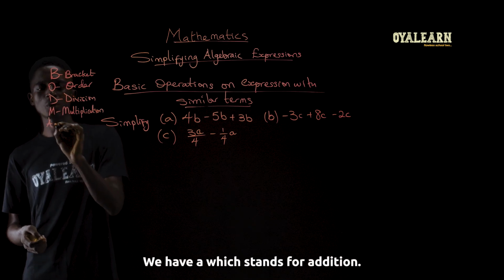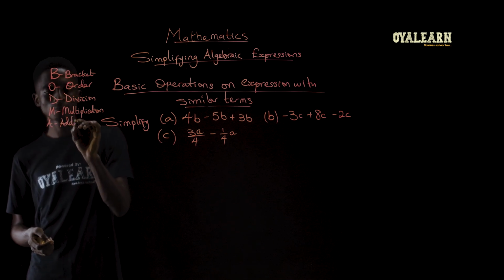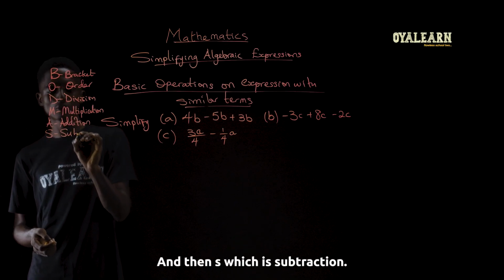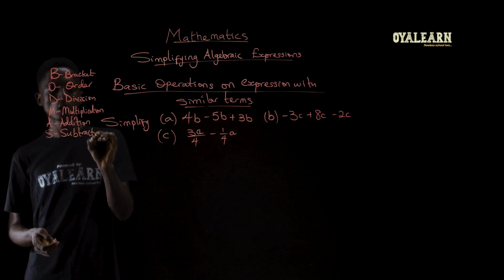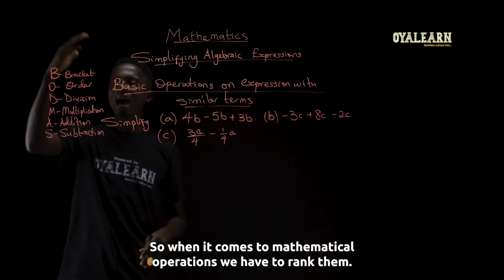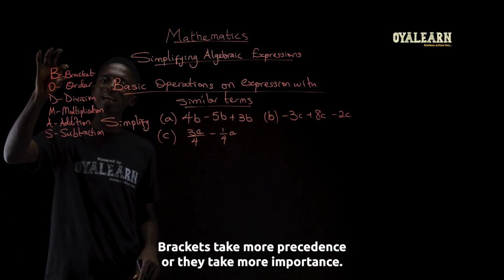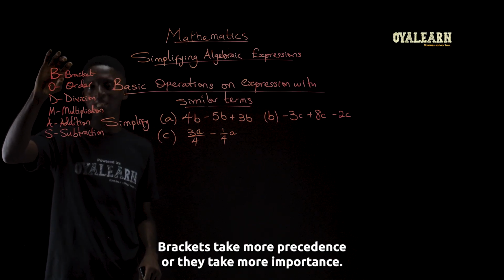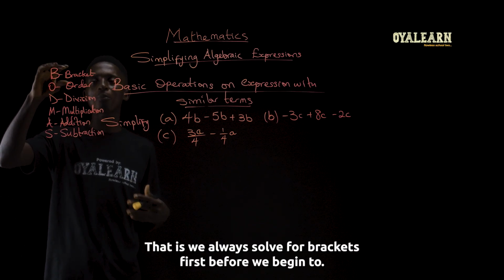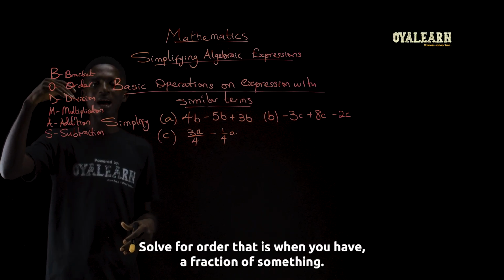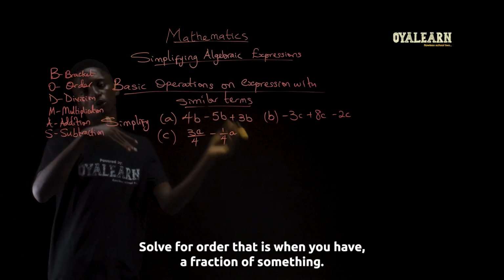We have A, which stands for addition. And then S, which is subtraction. So when it comes to mathematical operations, we have to rank them. Brackets take more precedence, or they take more importance. That is, we always solve for brackets first before we begin to solve for others. That is when you have a fraction of something.